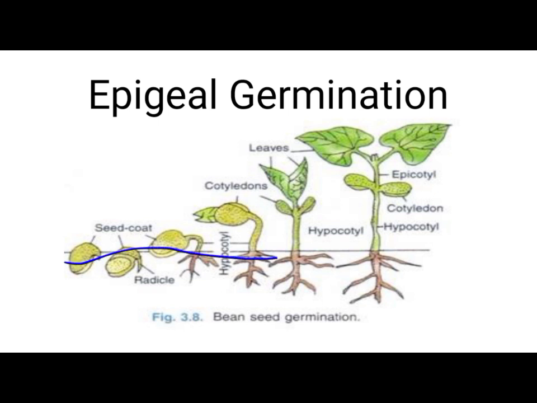Again, this is the level of the soil. The seed is planted. You can see the radicle growing downward, and then you see the seed coat. And then what do you see eventually? The cotyledon is carried above the soil. Look at the cotyledon.